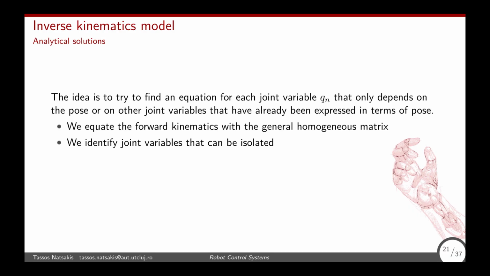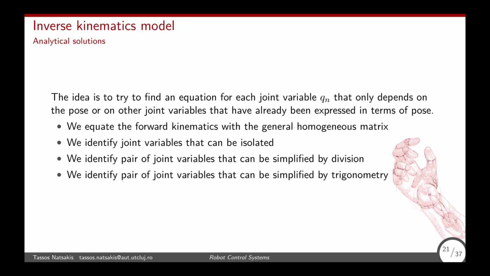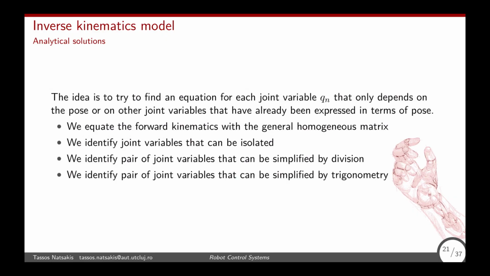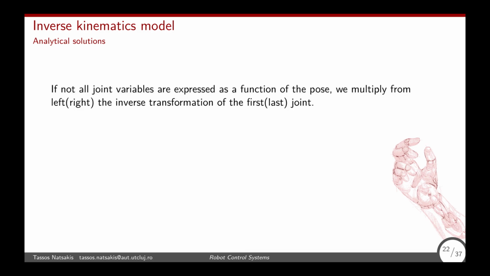And then we're trying to look at the equations and figure out what can be isolated, if something can be simplified, either by division or by multiplication or trigonometry or different tricks. We'll see in the example what kind of tricks we use. And we hope that we'll be able to isolate q1 and q2 as a function of position.